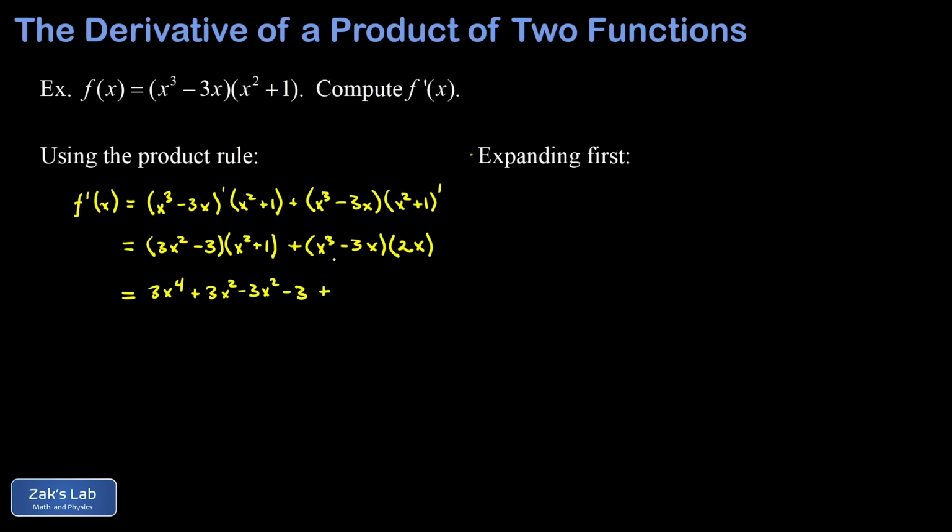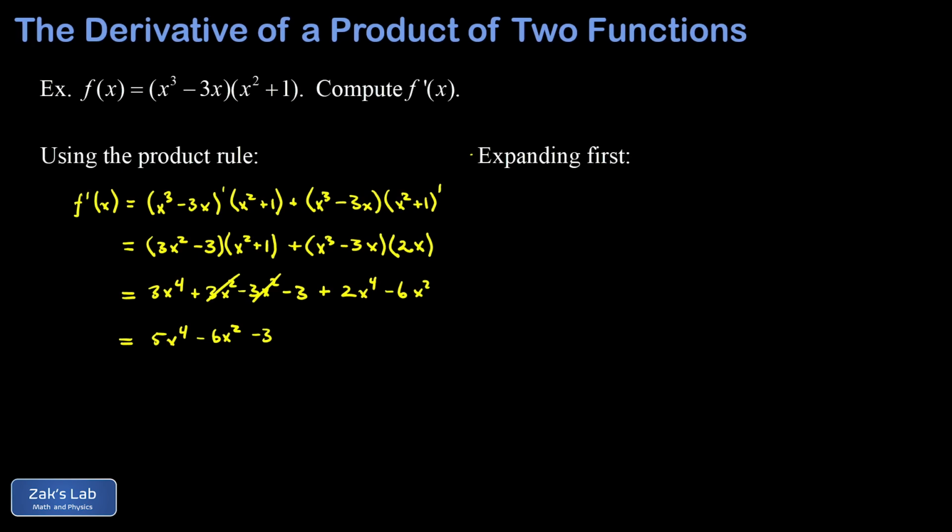Then I expand my second product, and that gives me a 2x⁴ and a −6x². So we cancel the 3x² and the −3x², and we're going to write everything in descending order here. So I'll start with my 5x⁴, and then −6x², and then −3.